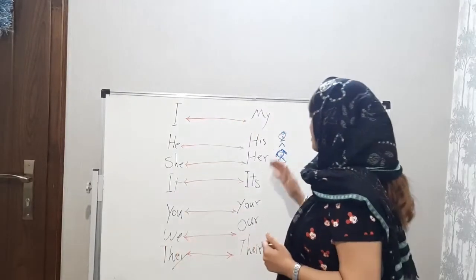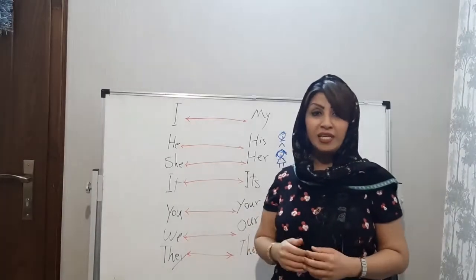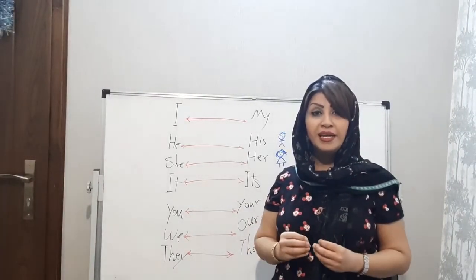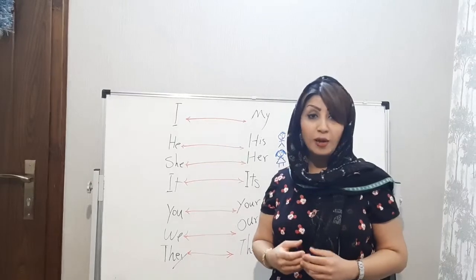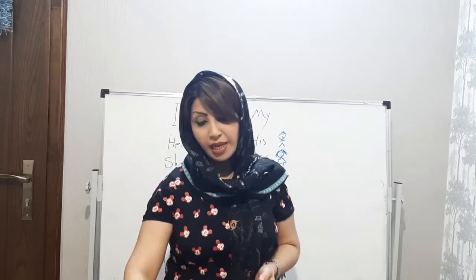So you should know that after possessive adjectives, we need to use a noun. For example, my car. Okay, my car. You can say my marker.